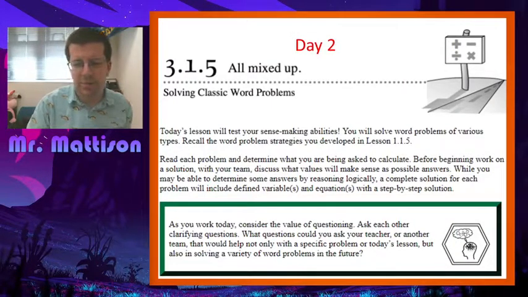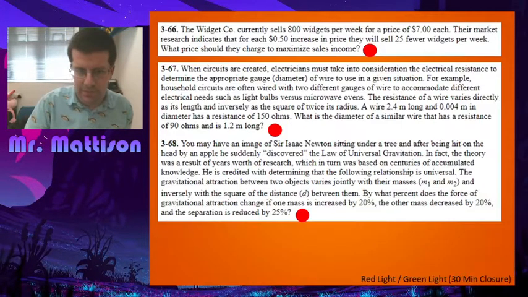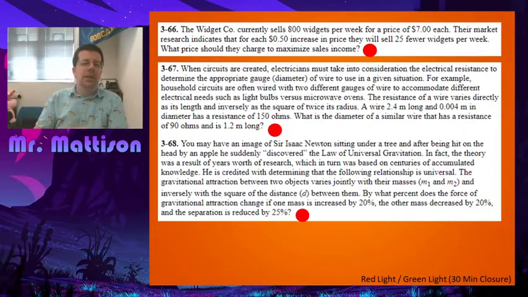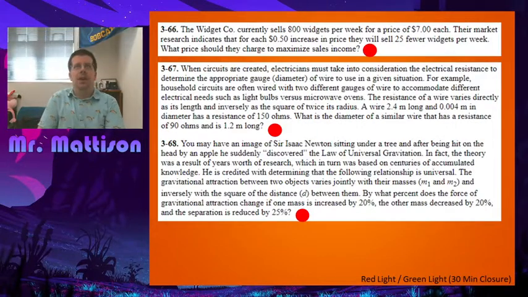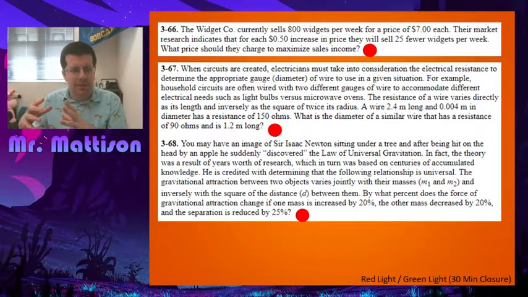So the first one that we're going to be looking at is if we change pricing, right? This is a fairly commonly used thing in the business world. If I increase my price, I'm typically going to see fewer sales. But that might be good, right?